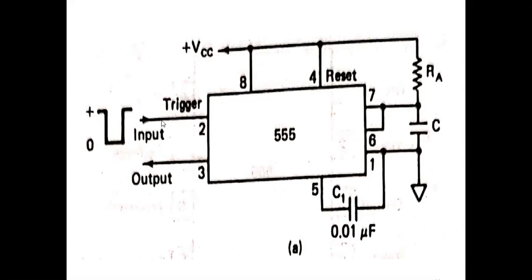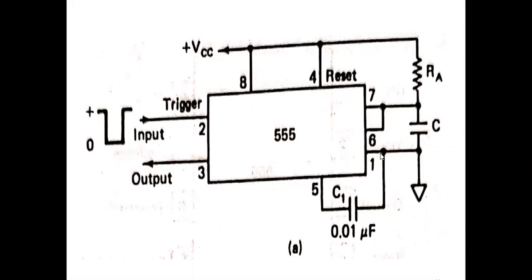The trigger input is applied to pin number 2, and pin number 8 and 4 are connected to the plus VCC terminal. Pin number 4, as you know, is a reset pin. Through these two pins, the resistance RA is connected externally to the 555 circuit, and pin number 6 and 7 are shorted, and this is the discharging capacitor shown here.